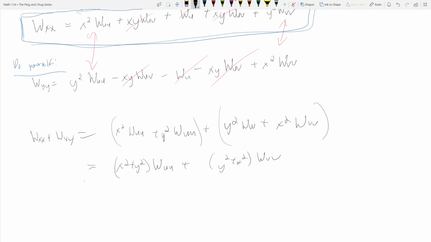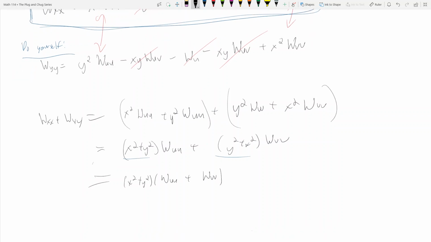And now if I factor out an x squared plus y squared, because y squared plus x squared and x squared plus y squared are the same thing, I get x squared plus y squared times w sub uu plus w sub vv. Hey, wait a second. Well, x squared plus y squared, okay, w and f are the same thing. So this is really f sub uu plus f sub vv, and we know what this is.